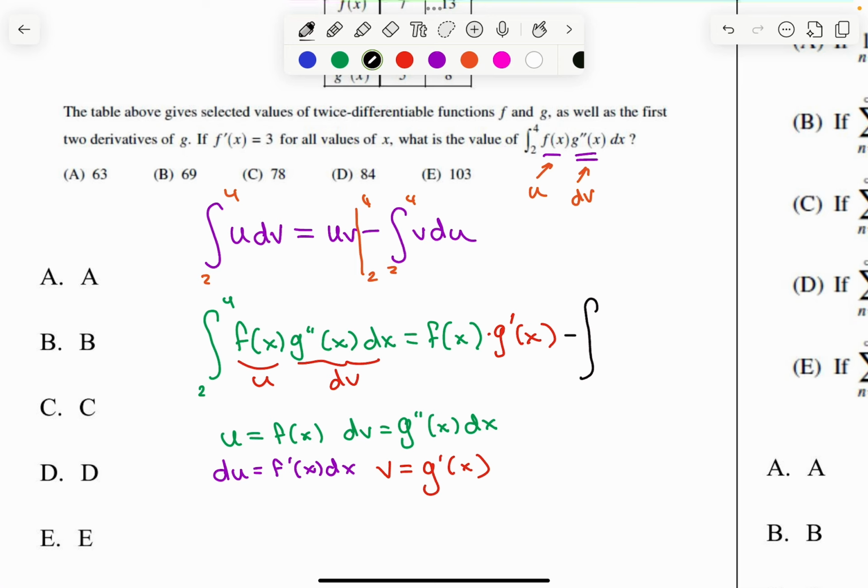By the way, once you've done part of an antiderivative, that's going to be evaluated from 2 to 4, so we'll come back to that. And then here it's minus the integral from 2 to 4 of v du. So the integral of v du would be f prime times g prime.